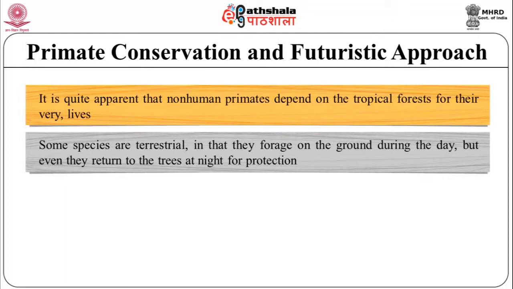Some species are terrestrial in that they forage on the ground during the day, but even they return to the trees at night for protection. According to Richard, the majority of non-human primates spend from 40% to 80% of their feeding time eating fruit, leaves, seeds, herbs, insects, gums, and saps.